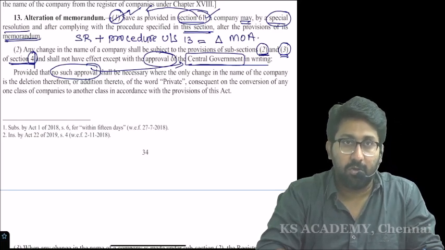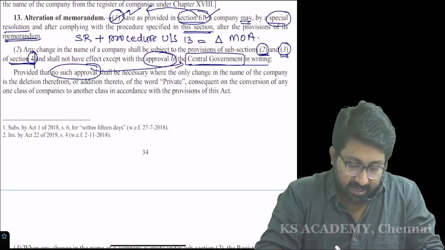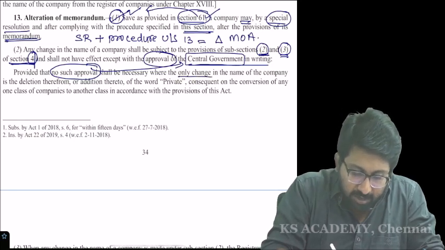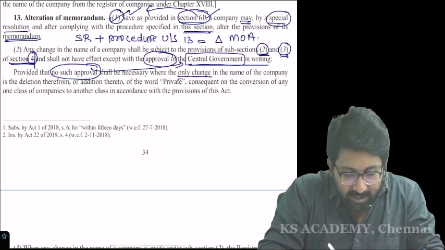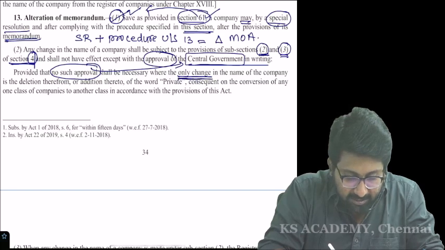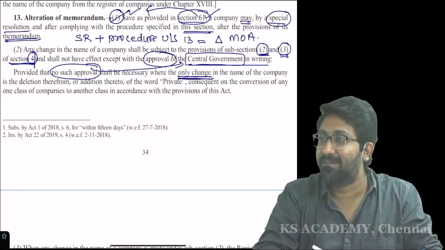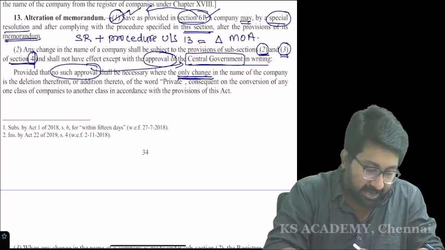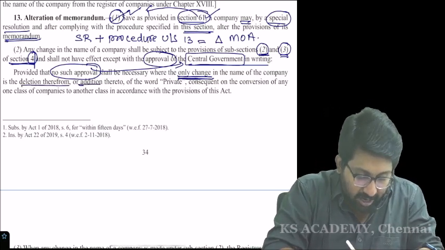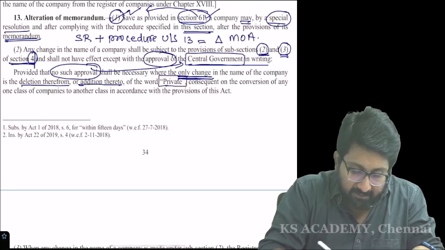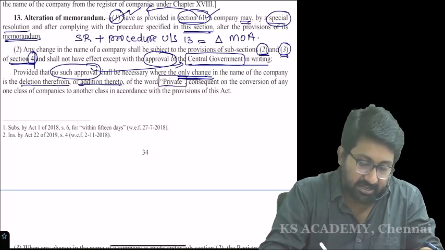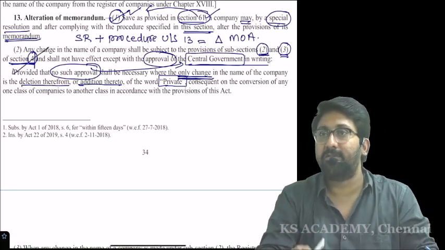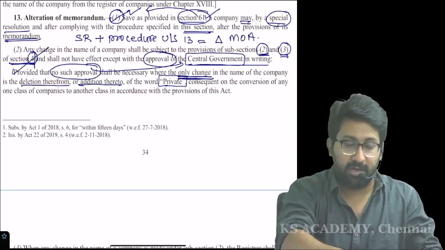Provided that no such approval shall be necessary where the only change in the name of the company is deletion or addition of what word? Private, consequent on conversion of class of company to other class. That's all. With this, we have completed the main portion of the name concept.